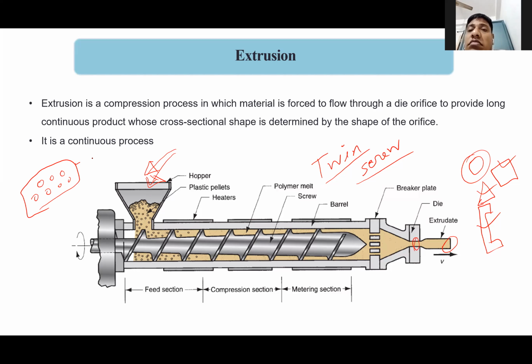For example, if you want to color it, these plastic pellets are sometimes colored, sometimes not. If you want to add additional color or change the color, then you have to use colorant. And then also you have to use plasticizer. Plasticizer is used mainly for increasing the flexibility of the material.